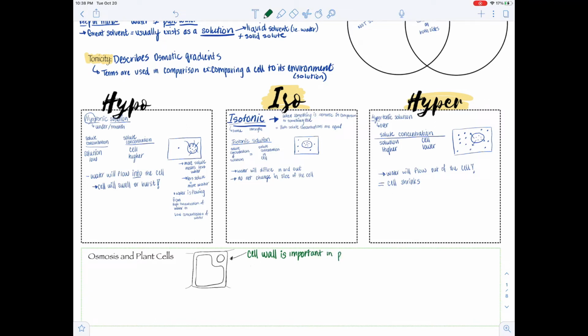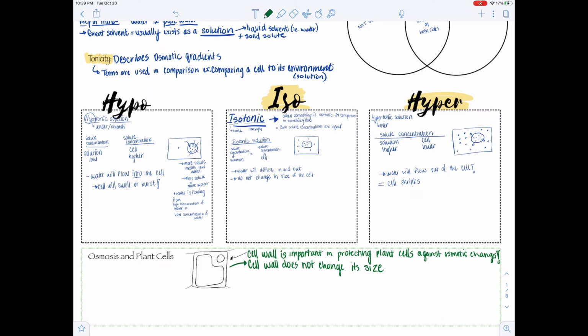Okay, so plants can't constantly go through different environments. They can go through a time where they would have a lot of water, or they have a time where they have a lot less water. So they need this added protection against these osmotic changes. So the cell wall is not going to change its size. It allows the cell to not change its size.